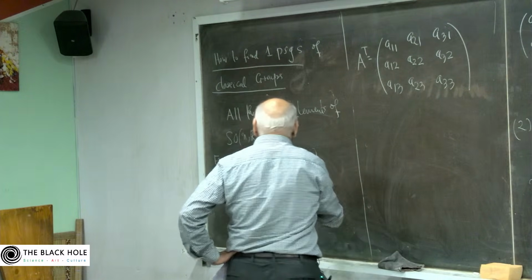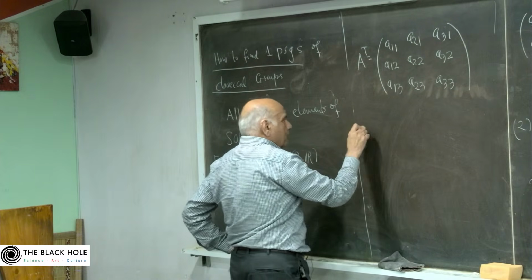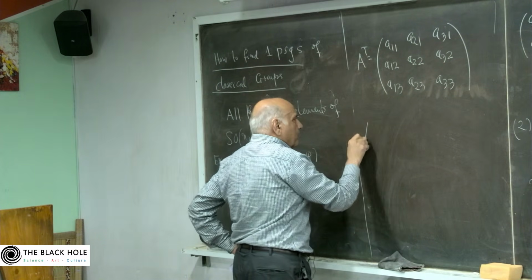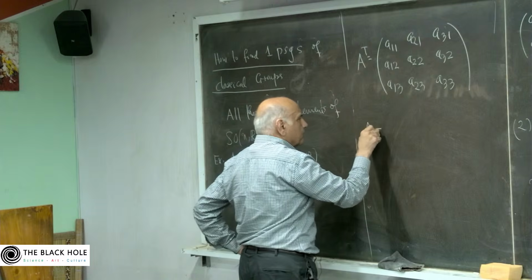Okay. So A plus A transpose is 0. So A is equal to minus A transpose.